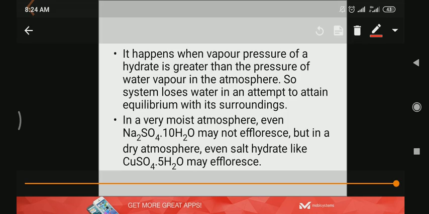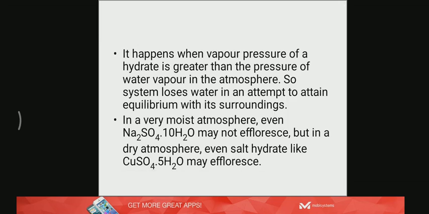In deliquescence, a crystalline salt absorbs moisture from the atmosphere and dissolves in it, whereas in efflorescence the salt hydrate loses water of hydration and becomes a lower hydrate or anhydrous.